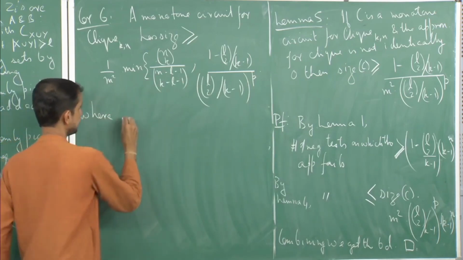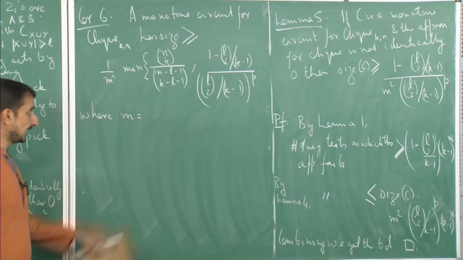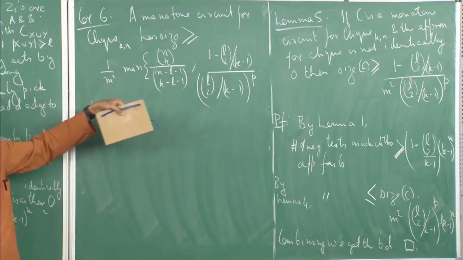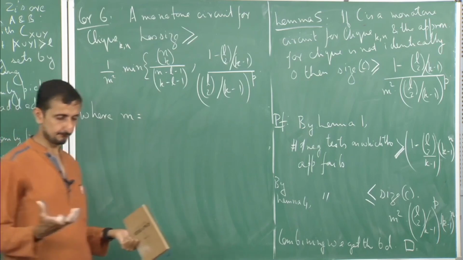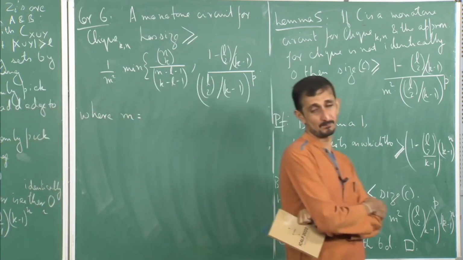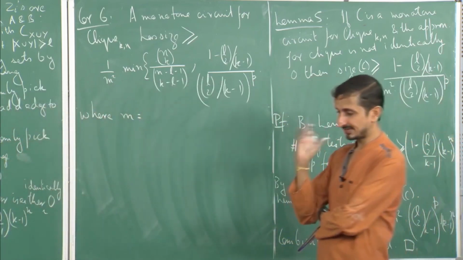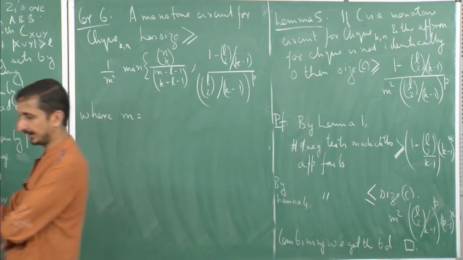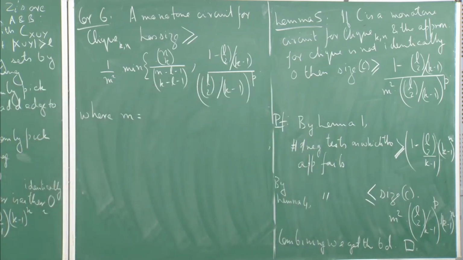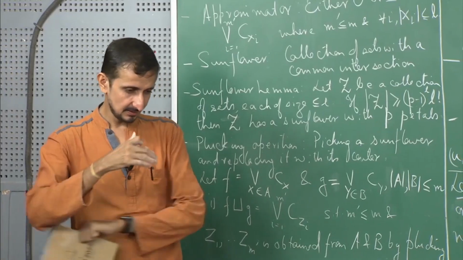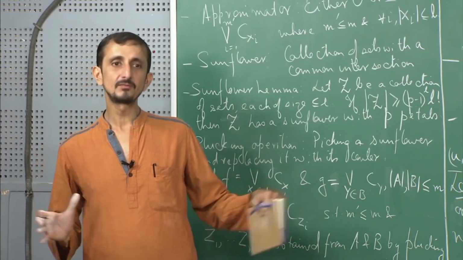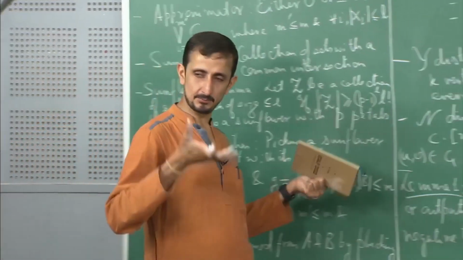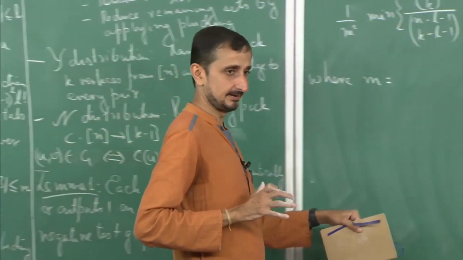Okay, where, what is m? So n and k of course are the inputs. What are m, L and p? Where was m introduced in the entire proof? So m is the upper bound on the number of clique indicators.